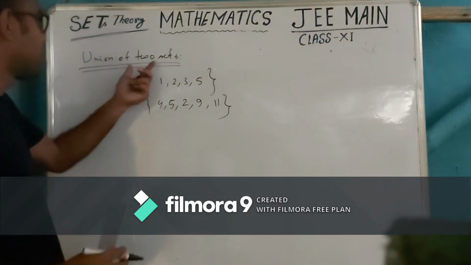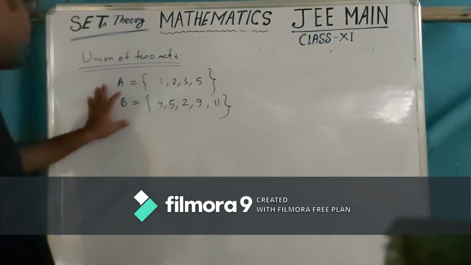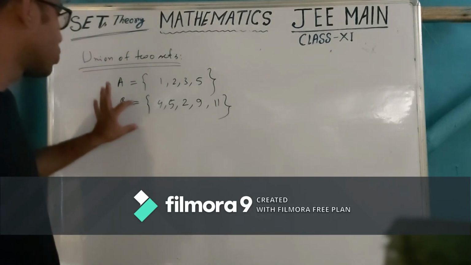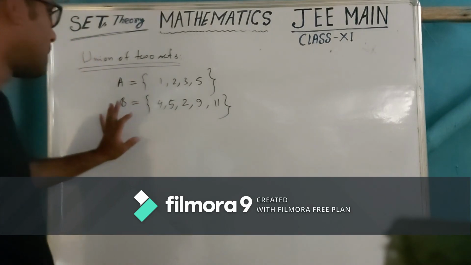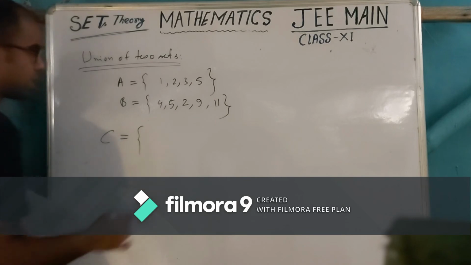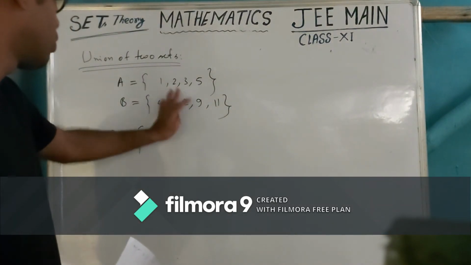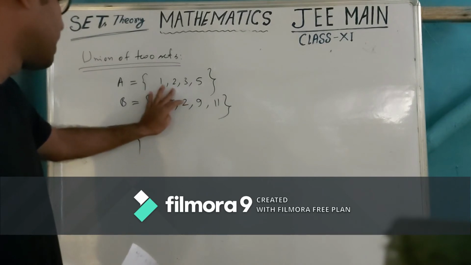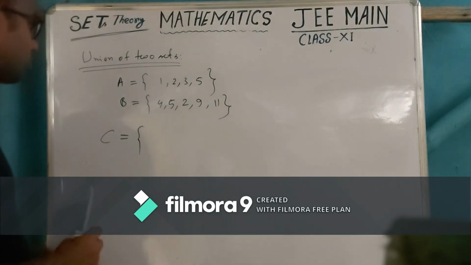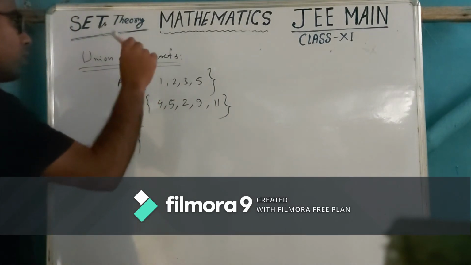Union of two sets means we construct another set, suppose this set is called C. This set contains all the elements of A and B, including the common elements.